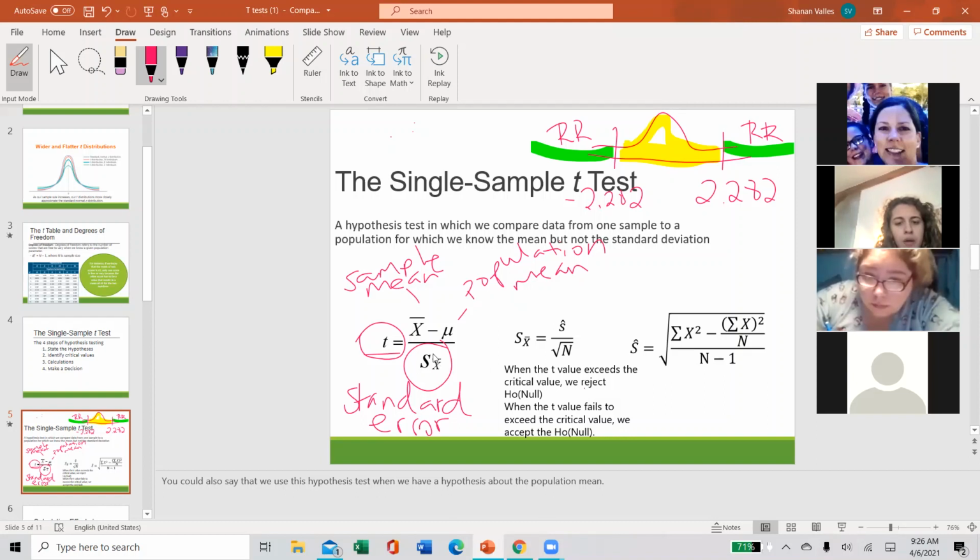So standard error down here is found right here. Sorry, that doesn't look like a very good arrow, but here's our standard error.